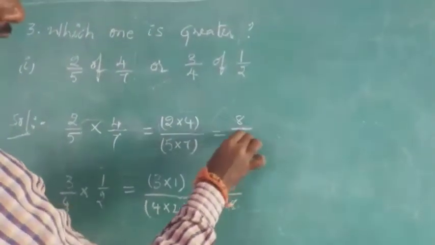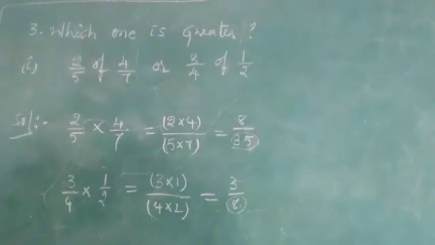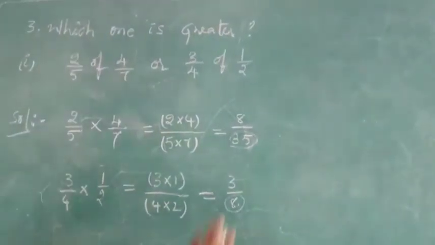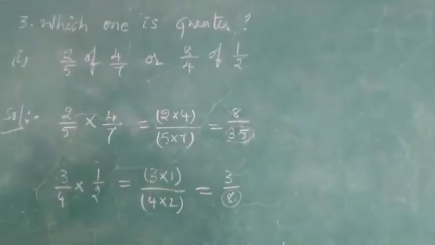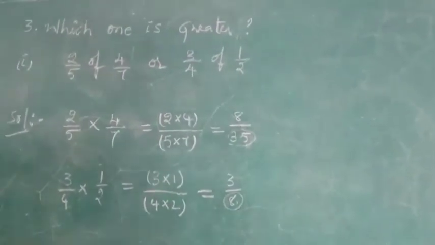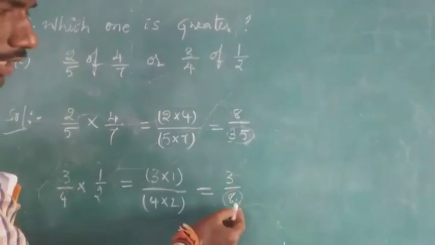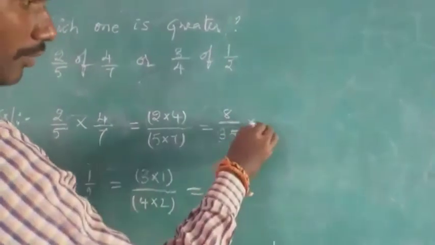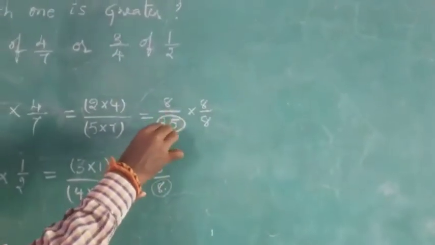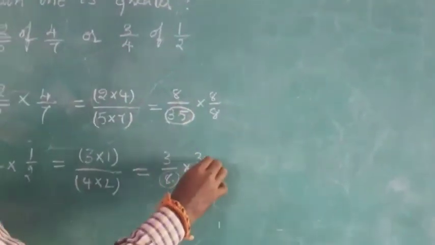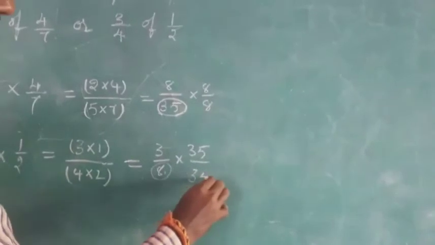These denominators are unlike fractions, so we need to make them like fractions. The denominator here is 8, so I am multiplying and dividing with 8. The denominator here is 35, and I am multiplying and dividing with this 35.